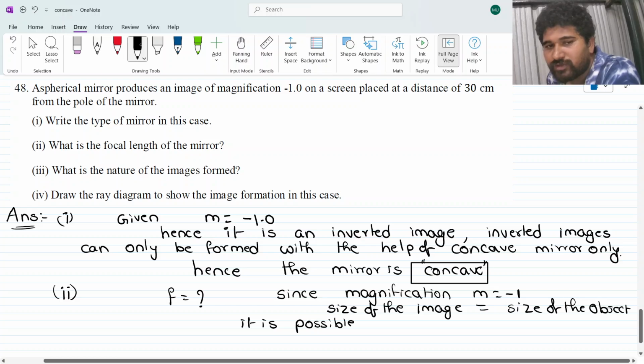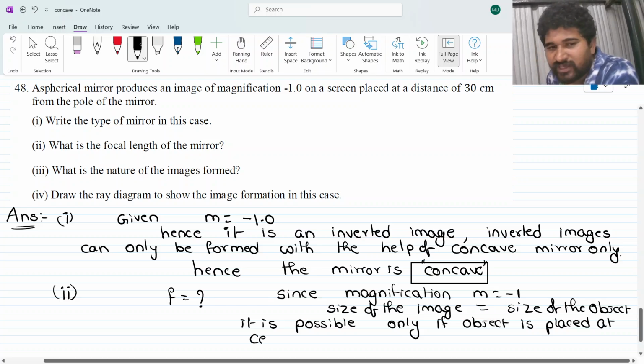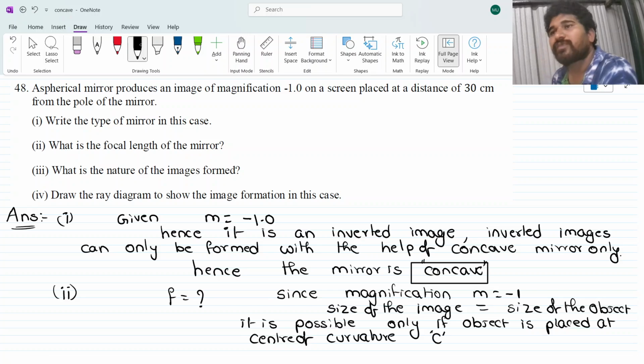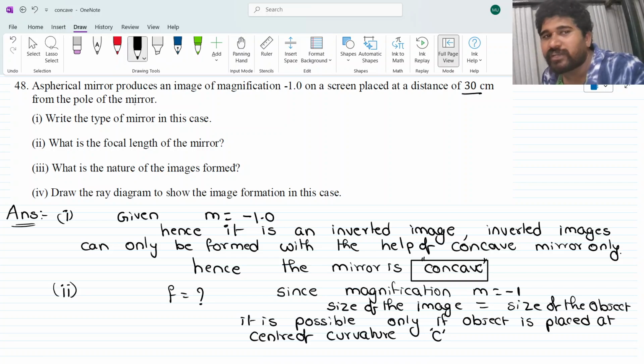It is possible only if the object is placed at the center of curvature C. Yes or no? Given that object is placed at where?